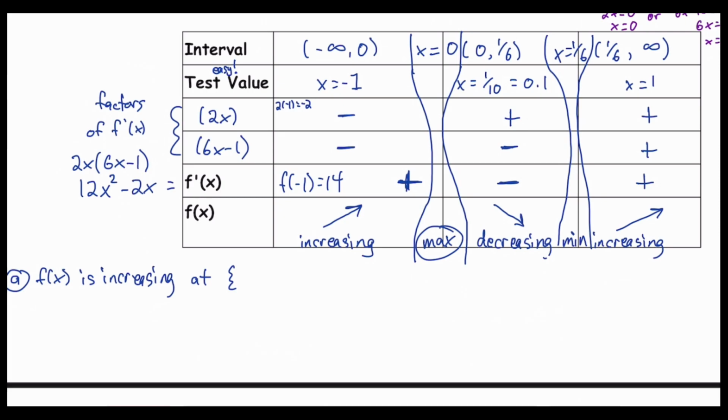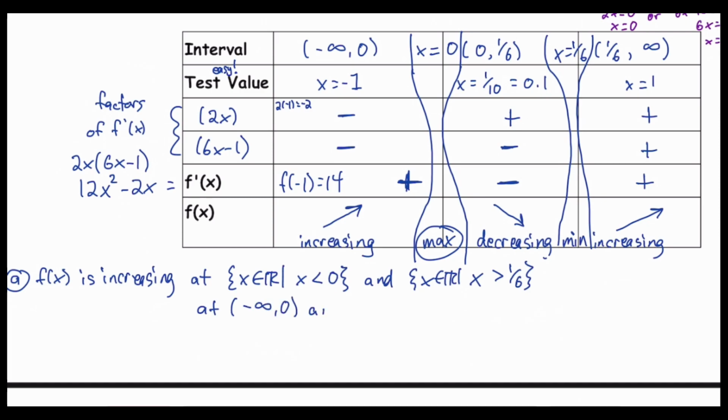Therefore, f(x) is increasing when x is an element of the reals such that x is between negative infinity and 0, or x is less than 0, and x is an element of the reals such that x is greater than 1/6.